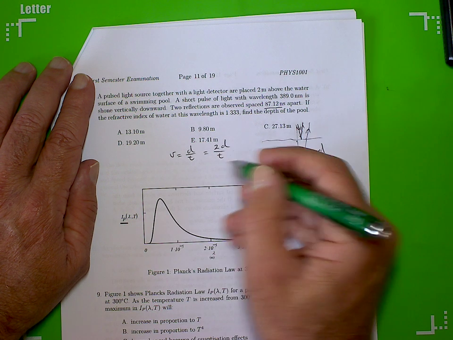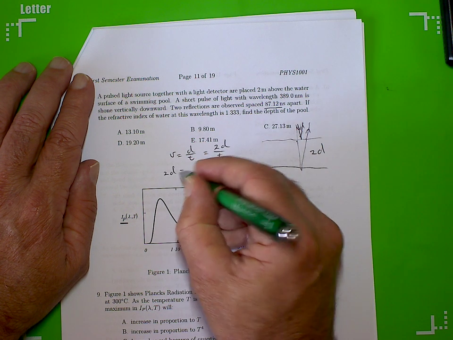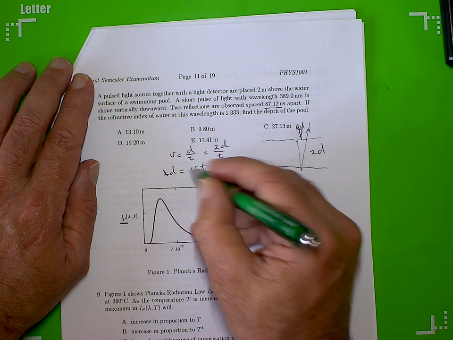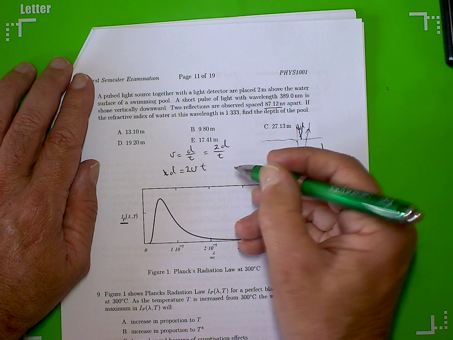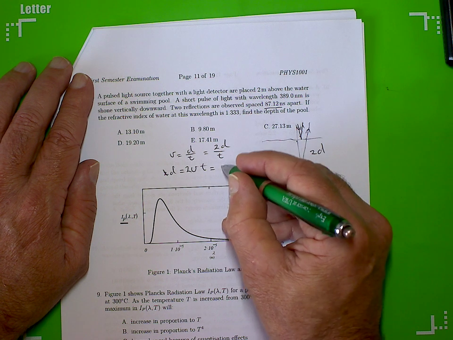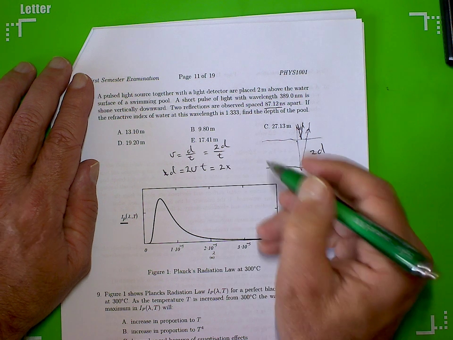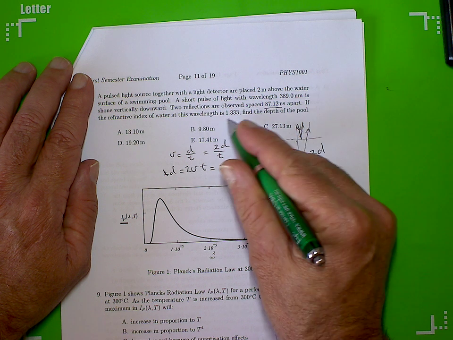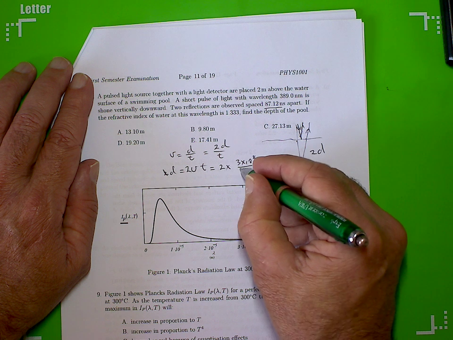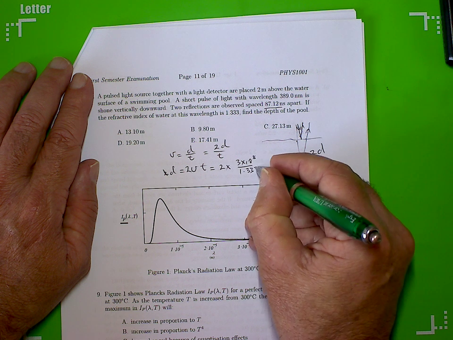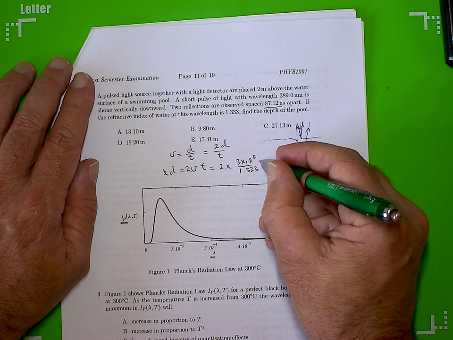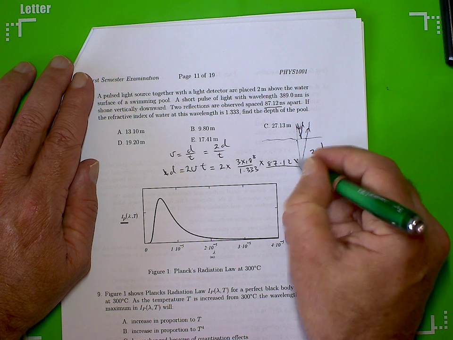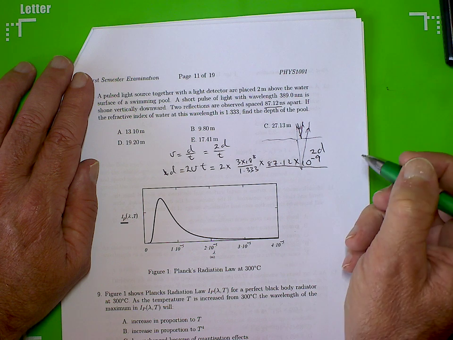Rearranging this, we'll get 2 times the depth is velocity times time, so the depth is, 2 times velocity times time, and now what's the velocity? It's 3 times 10 to the 8th meters per second, the speed of light, divided by the refractive index, 1.333, and times the time, 87.12 times 10 to the minus 9.